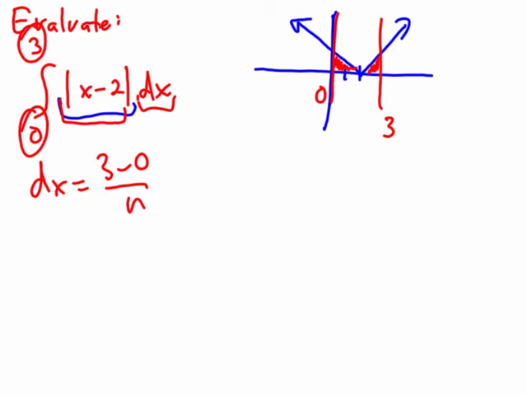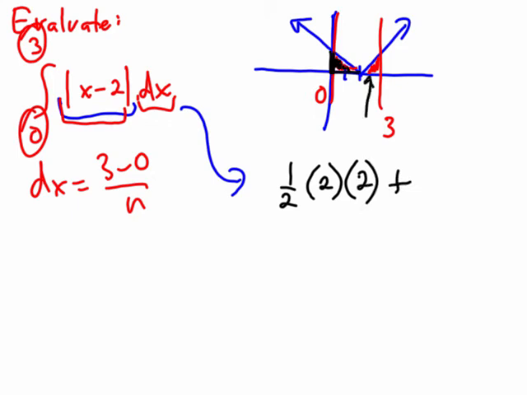Because this is a shape that I recognize, I could actually calculate that area simply through the use of the area of a triangle. So I have half the base times the height for this section. That would be 1/2 a base of 2 times a height of f of 0, which would be 2, plus this triangle, 1/2 a base of 1 and a height of f of 3, which if I plug 3 into there is 1.